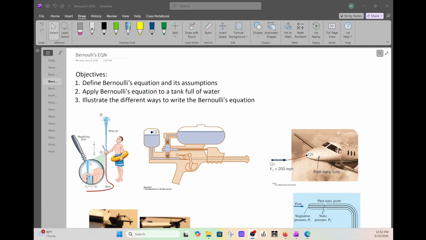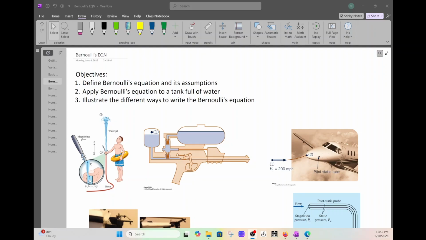Well, in fluid mechanics, when you're dealing with fluids, which is a gas or a liquid, that also has its energy. Okay. You can have kinetic, you can have potential, and you can also have what they call pressure energy.